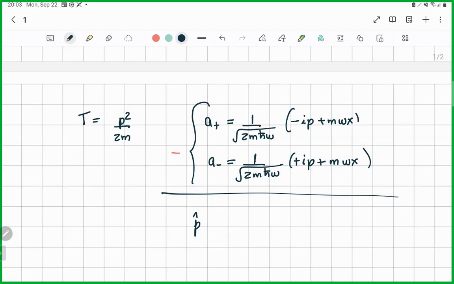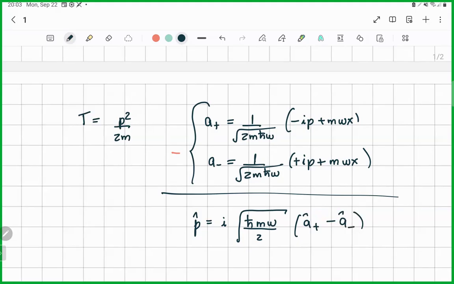Please do that. You'll find that this operator can be written like this: i times the square root of h bar m omega divided by 2, times A plus minus A minus.